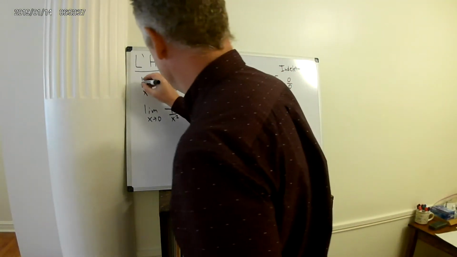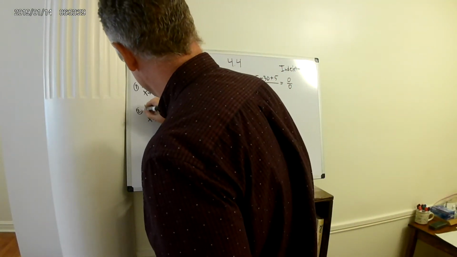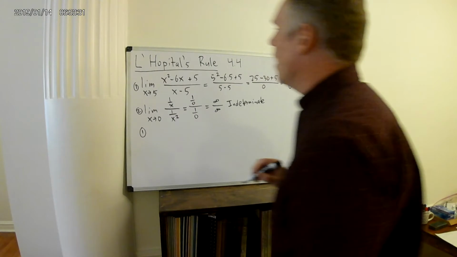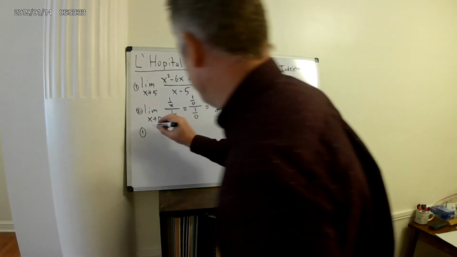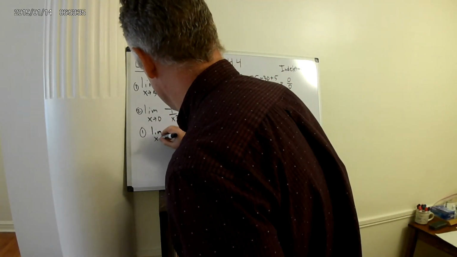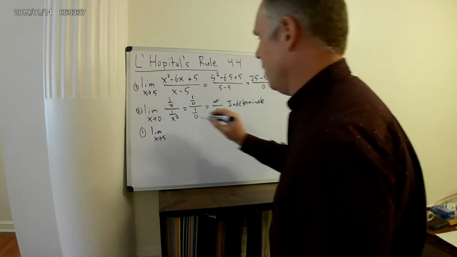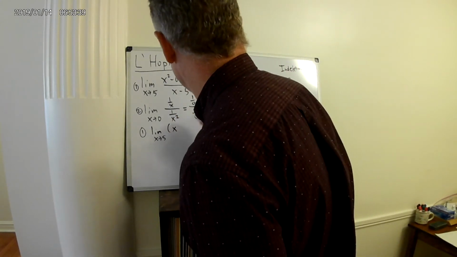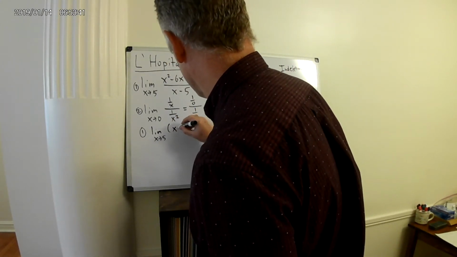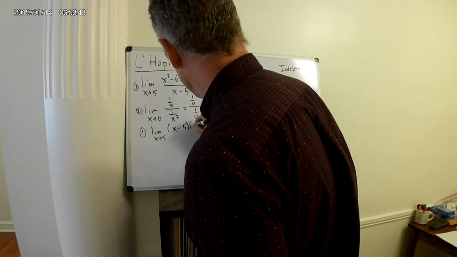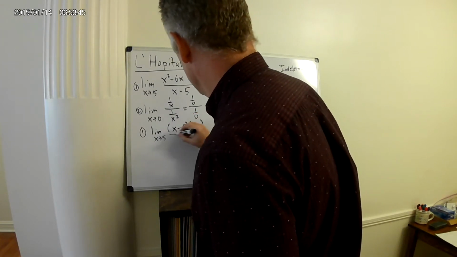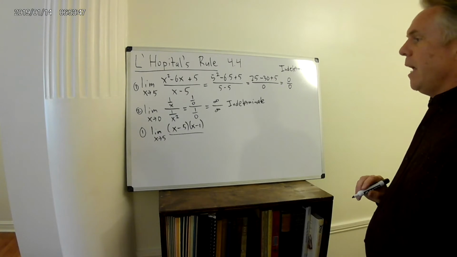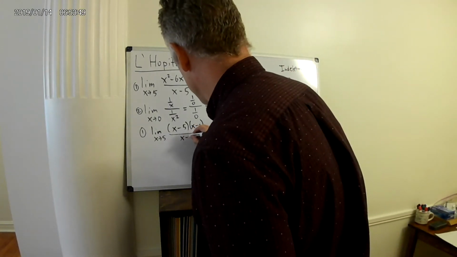Let's go back to the first case. What we can do here is factor the limit, and this comes out to x plus minus 5 times x minus 1, with x minus 5 downstairs.